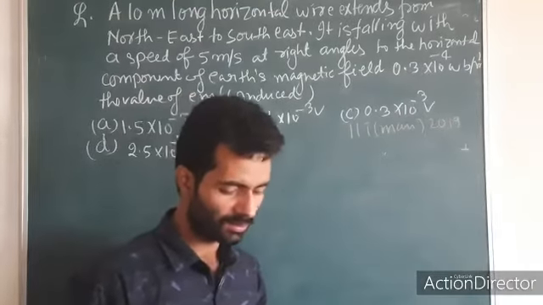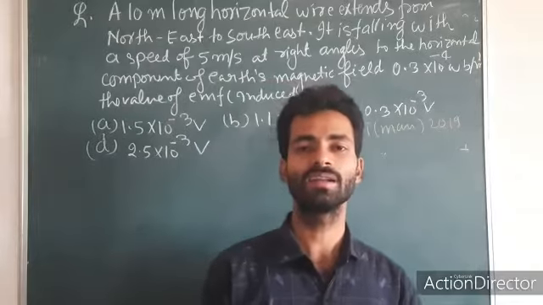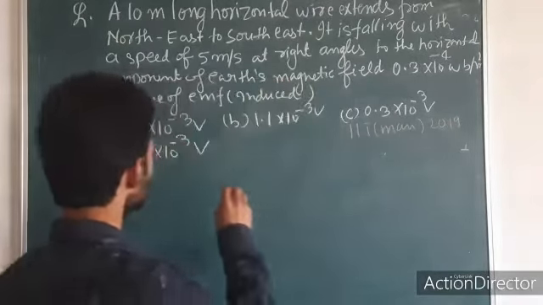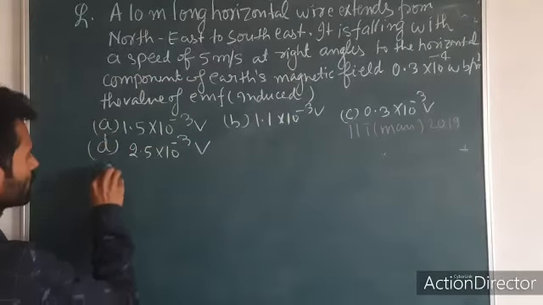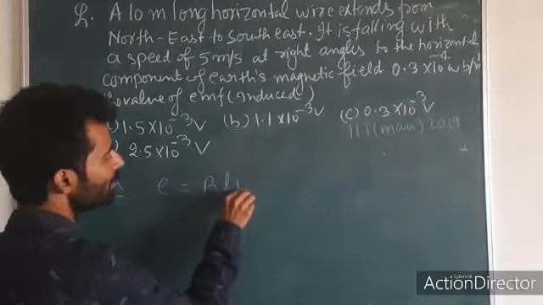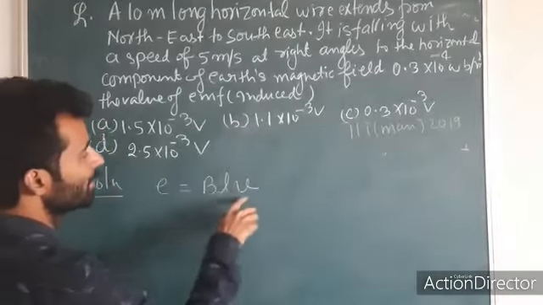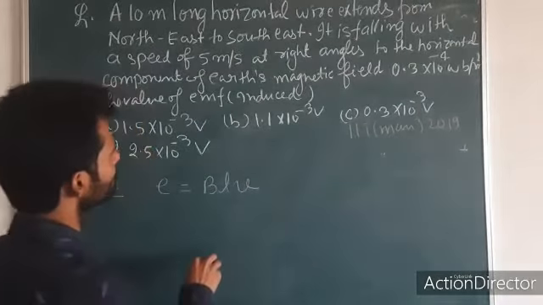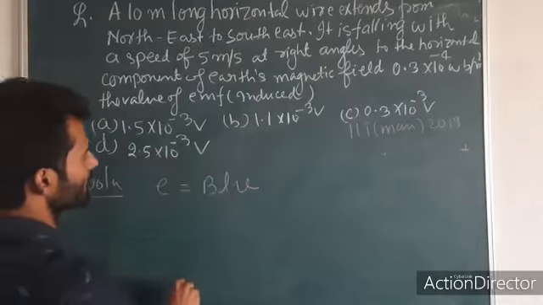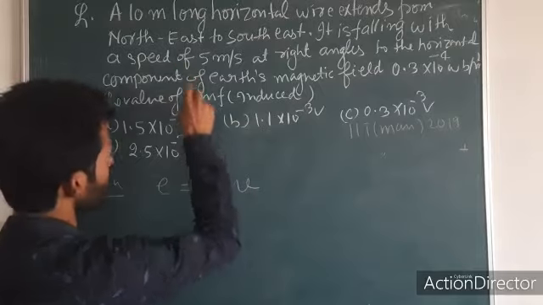As we know that from the motional electromotive force, the EMF solution as E is equal to BLV, and here velocity is given 5 meter per second and length is 10 meter.